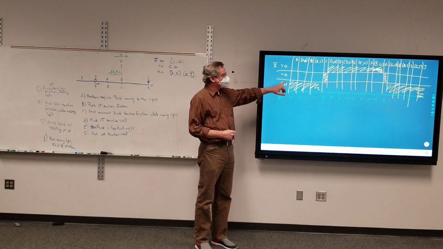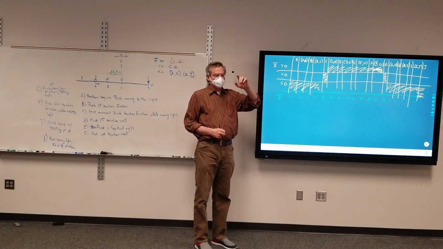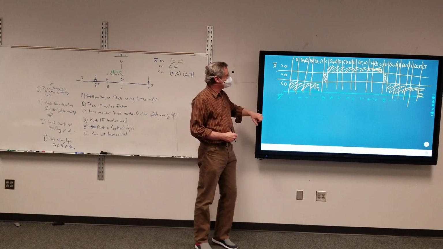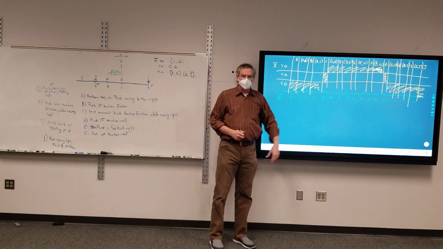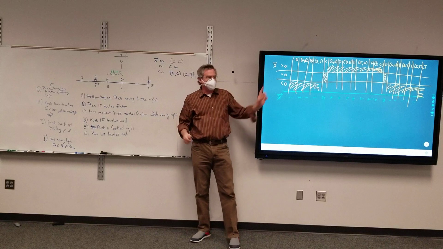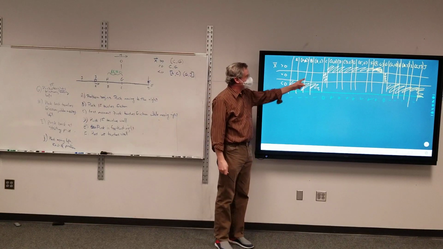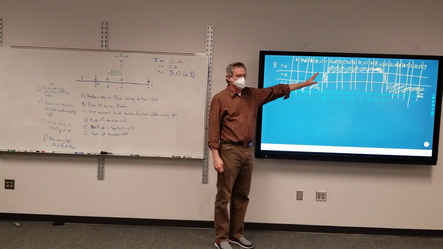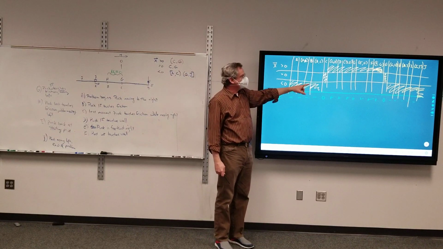So, did you mark things correctly? That's good. Did you leave any blanks? That's bad. For instance, you skipped something. More apt to happen here than here, but I still see some people will do this and they'll just get halfway and stop. I'm not quite sure what's going on in the process.